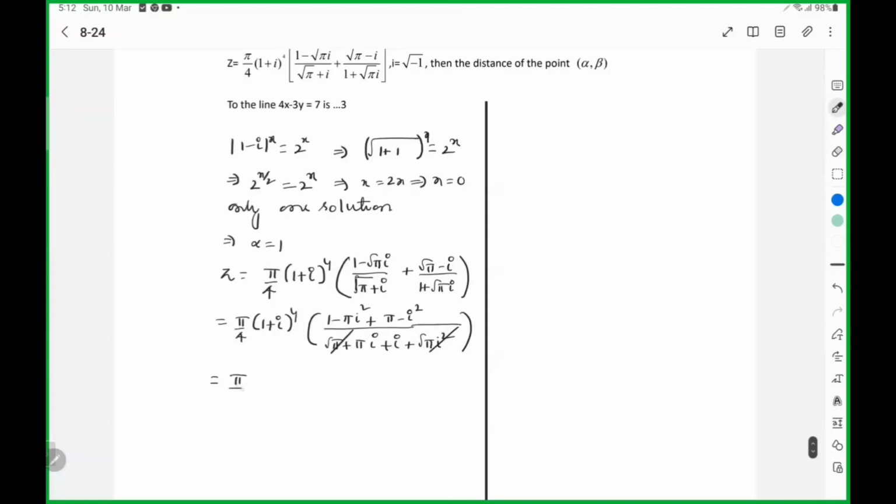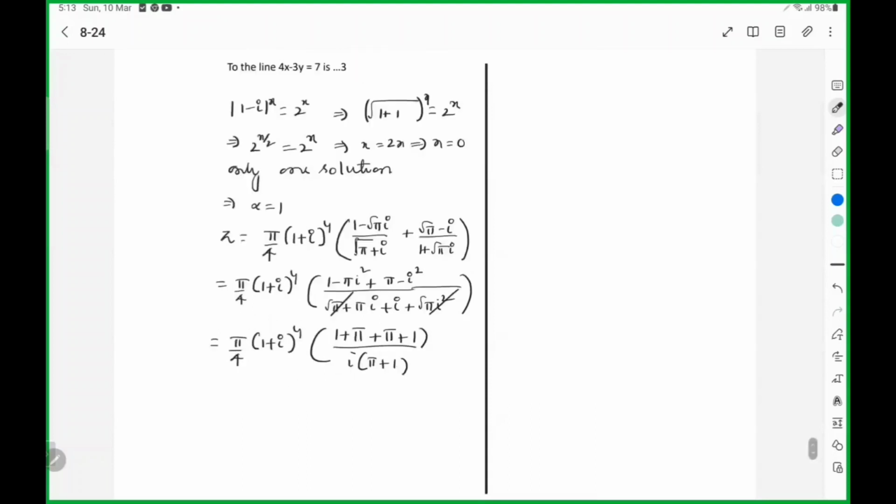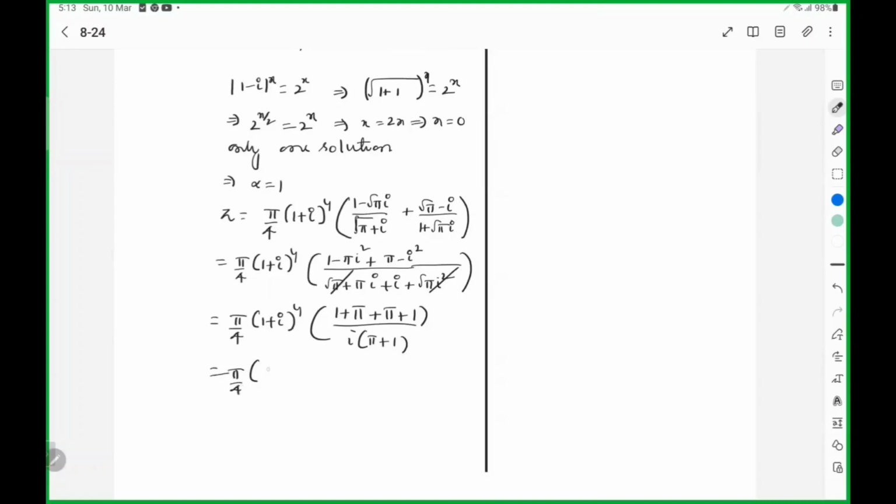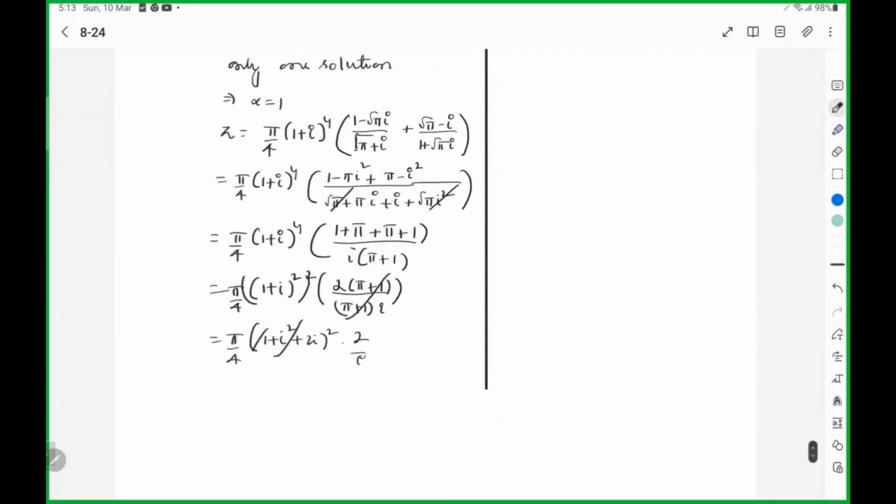Here i square is minus 1, pi by 4 times 1 plus i whole square, 2 times pi plus 1 by i square plus 2i whole square, which is pi by 4 into 2 by i, which is 2 pi i.